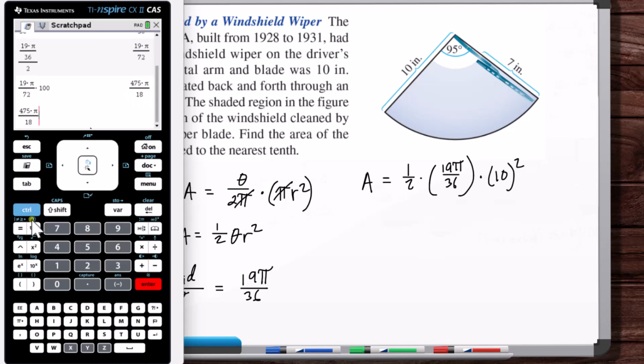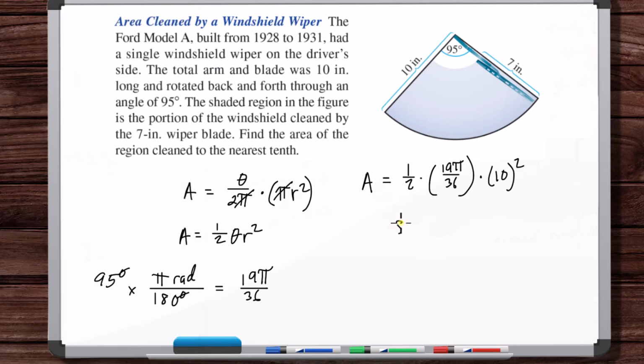So let's get this as a decimal. About 82.9, and this is in what? Radians are unitless. 10 is in inches, so it's 82.9 square inches.